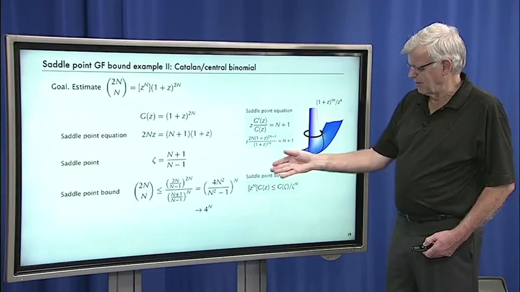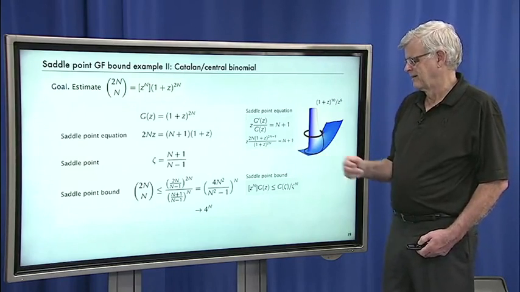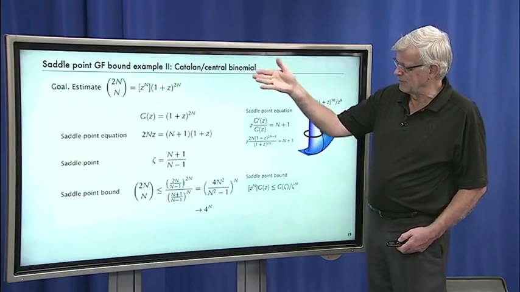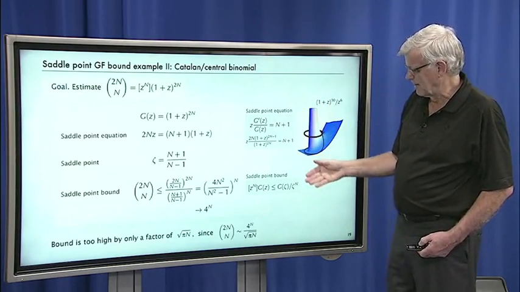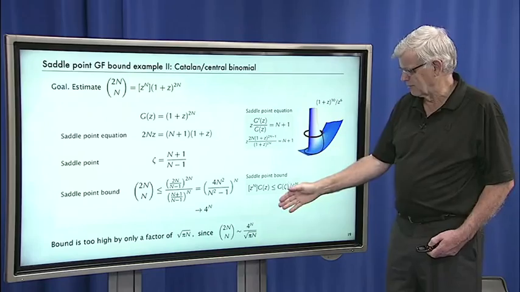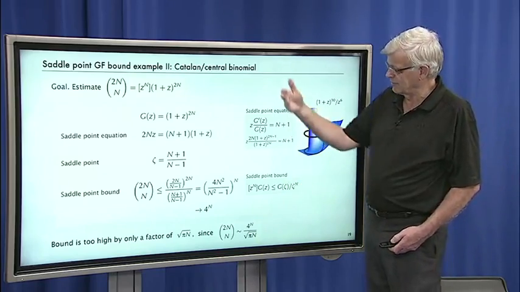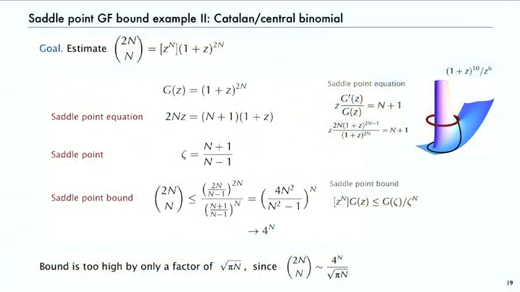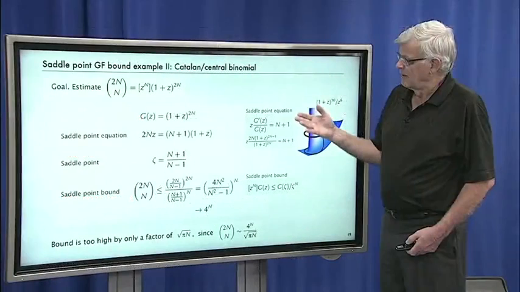And again, that's about 4 to the n. And how close is that to what we know? Well, we know that 2n choose n is about 4 to the n over square root of pi n, as we did from Stirling's approximation early on. So again, the bound is off too high only by a factor of about square root of pi n.